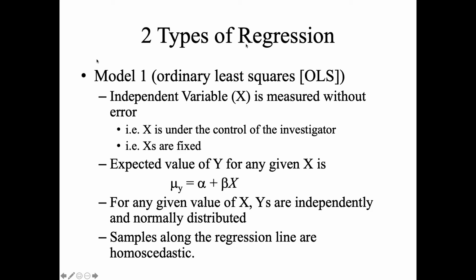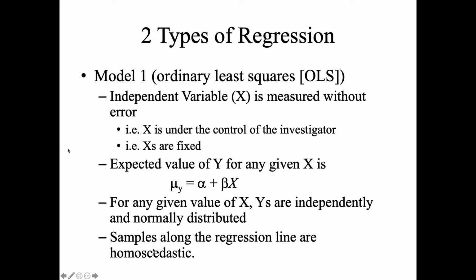What an ordinary least squares regression does is it tries to find the expected value for any given x. For any given value of x, the y variable is going to be independently and normally distributed around the line, and the samples along the regression line are homoscedastic.